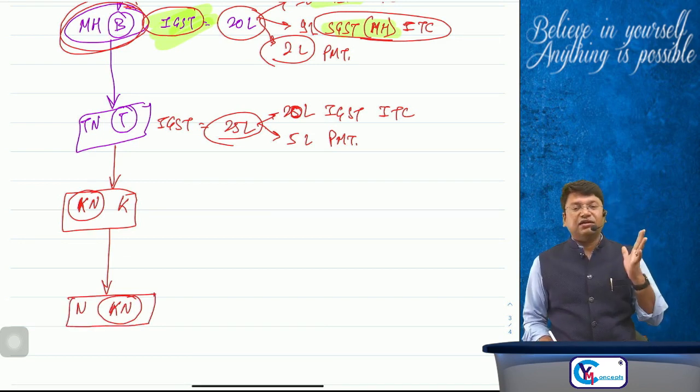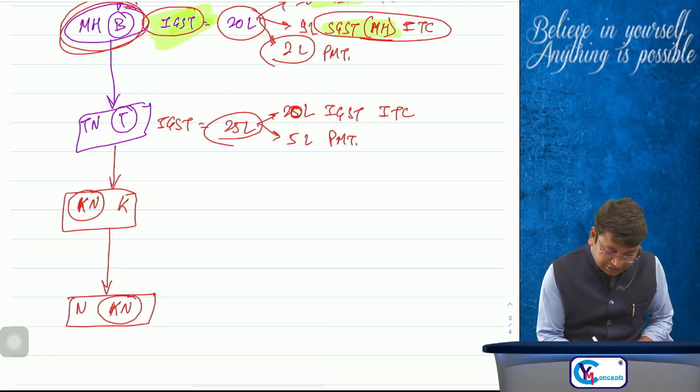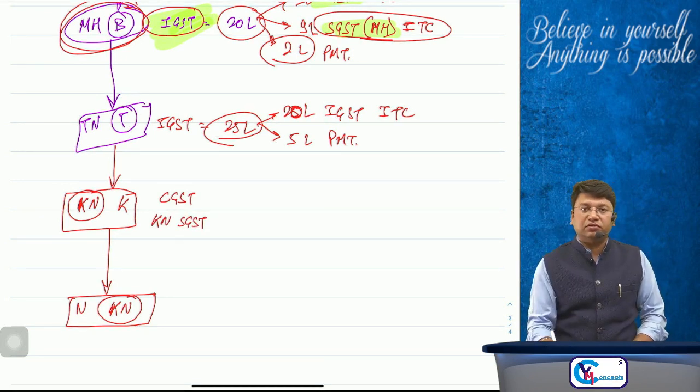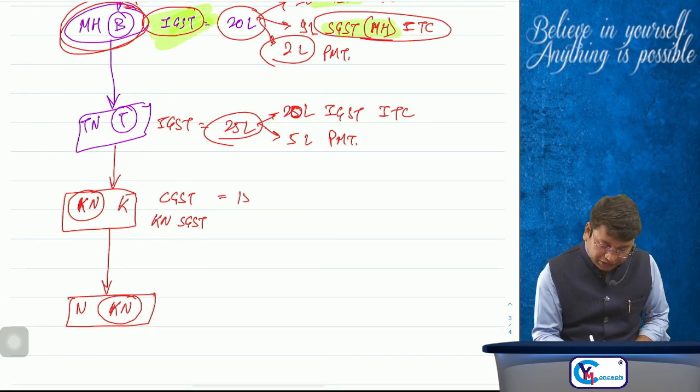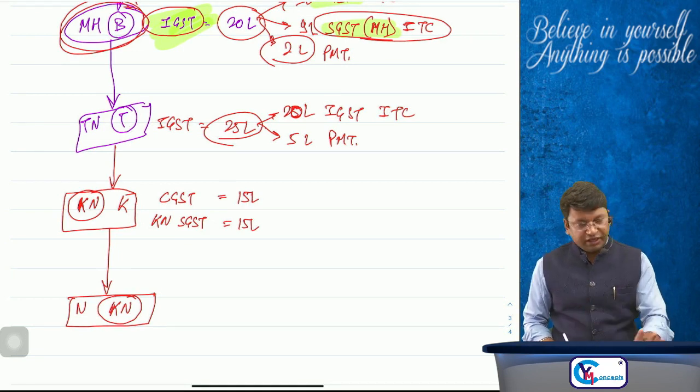Mr. K has sold the goods to Mr. N of Karnataka. Again, sir, CGST and Karnataka SGST will be charged. Suppose 30 lakh was the tax, so 15 lakh is the CGST and 15 lakh is the Karnataka SGST. Okay, done.